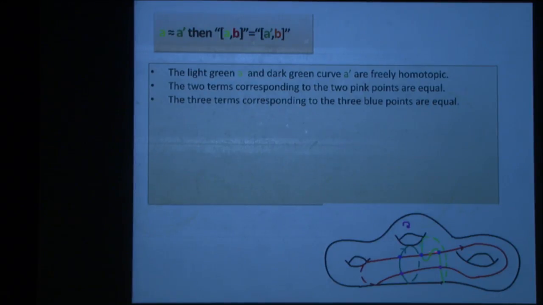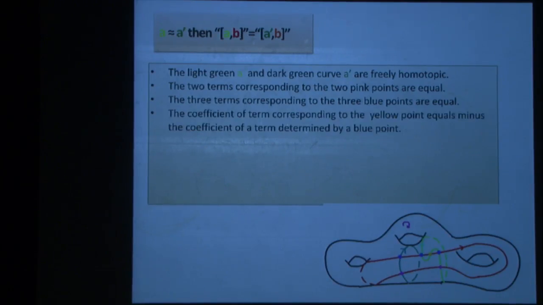Now, these 3 points, the 3 blue points, they also give the same term. When I say the same term, I mean it's the same class and the same sign. Now, there's this one where my curve is oriented and goes up, down, up. So the yellow point and the blue point will have opposite signs.